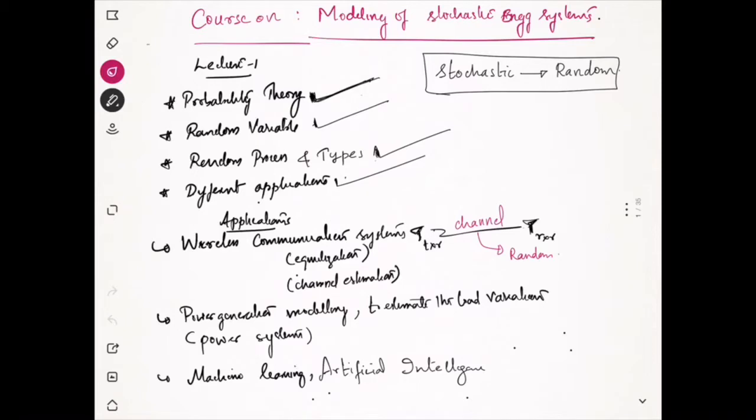So one of the basic tools that we need is probability theory. Okay, and we will also be explaining the notion of the random variable, and we will see what the different types of random processes are, and how we can effectively make use of this theory in various applications.